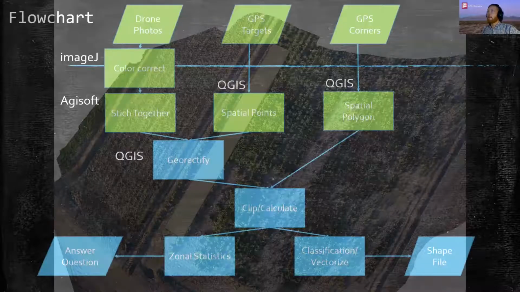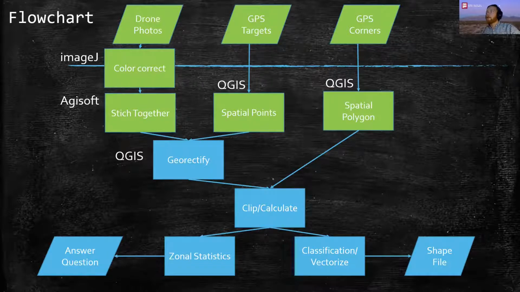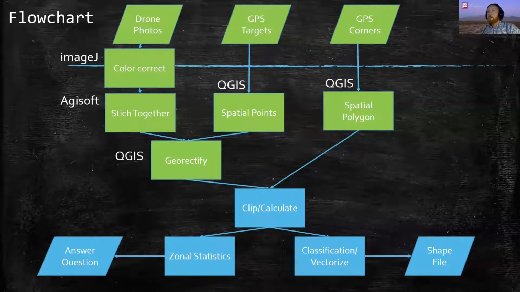And that is just done to the geotiff itself, not to the bounding boxes or the spatial data points. It is only done to the images that we got from the drone. Done with georectification. Now we'll clip and calculate our NDVI values.